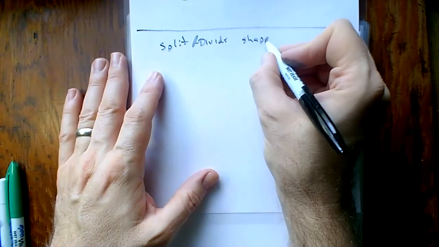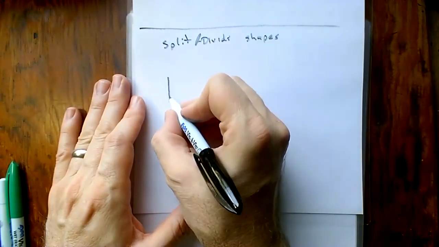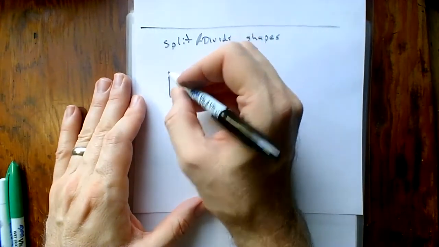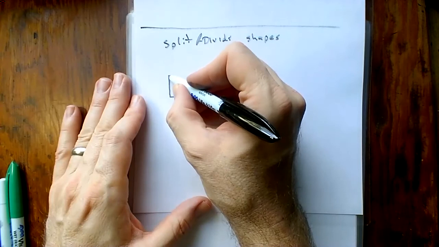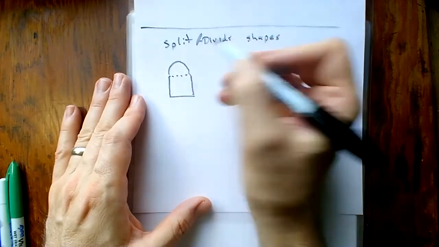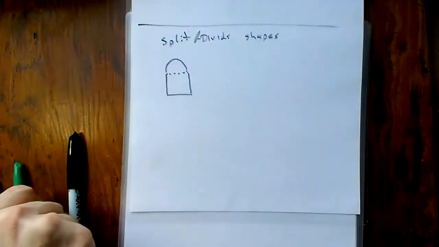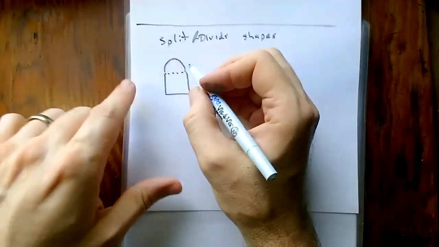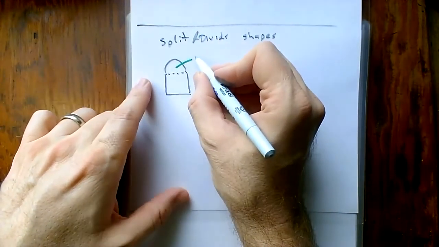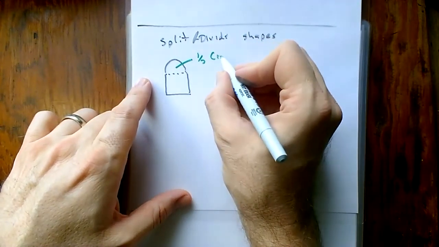So say we've got something that looks a little bit more like this. Here, I could see that the top half of my shape is half of a circle.